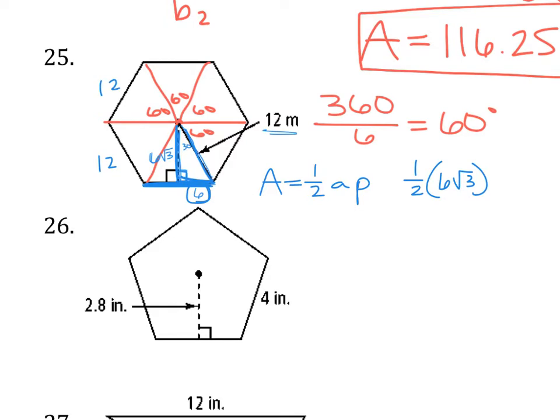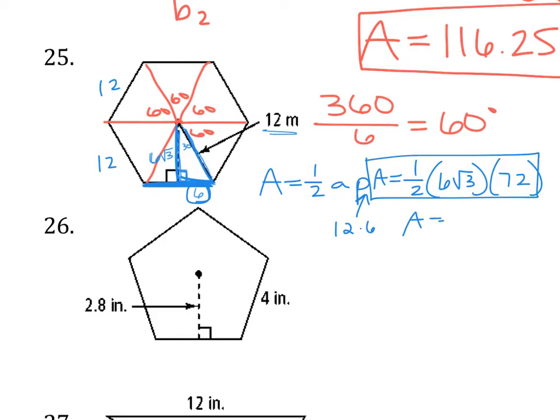So you're just doing 12 times 6 for your perimeter. 12 times 6, so 72. Okay, so your area for this figure is 1/2 times 6 rad 3 times 72, which comes out to what? 216 rad 3. And then you label it square meters.